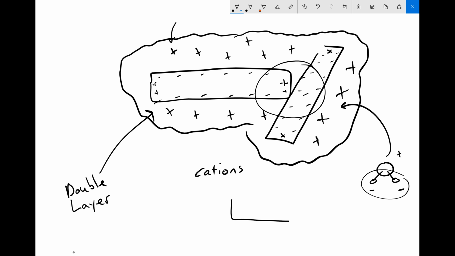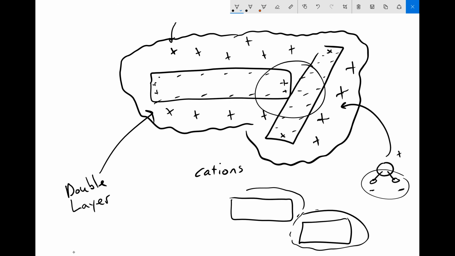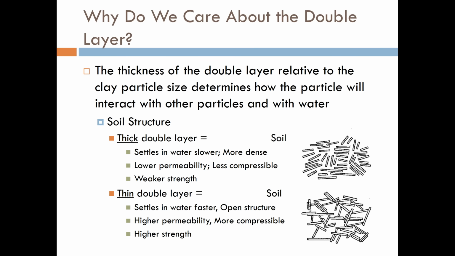It's going to look more like this, with this guy's double layer and this guy's double layer, and so the double layers repel and push the particles themselves apart. And so if I have that type of interaction, then we have what we call a dispersive soil.